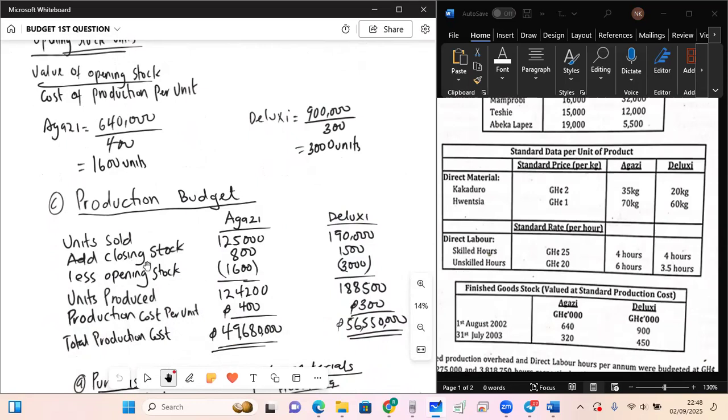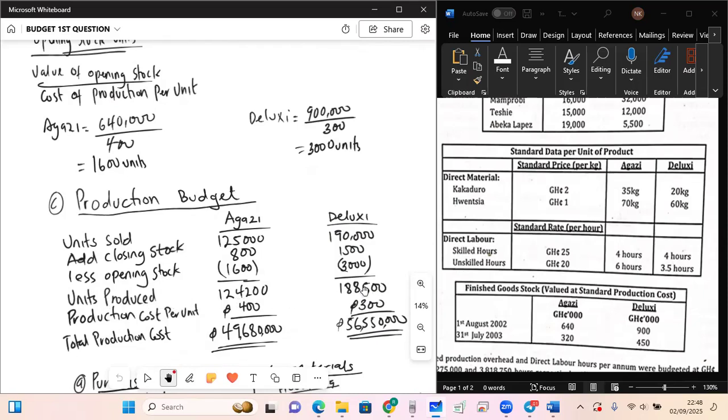Now we add our closing stock, because if we're expecting to have a closing balance at the end of the year, then we have to include it in our production, right? Now, we less our opening stock. If we are expecting to have an opening stock at the beginning of the period, we take it out, right? So we less our opening stock. Now we get the actual units produced.